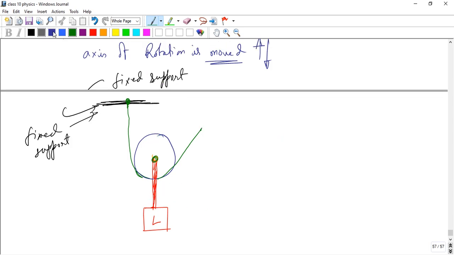So here some person pulls. Okay, the load is downward, so here is the tension force, that is the tension force upward, and here also tension upward, and here we see the effort also in that direction, by some person.